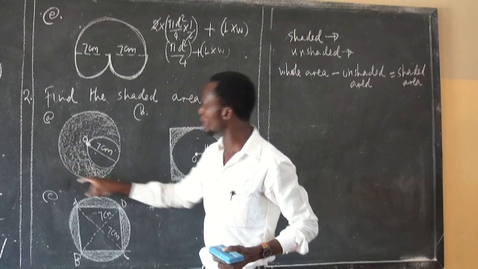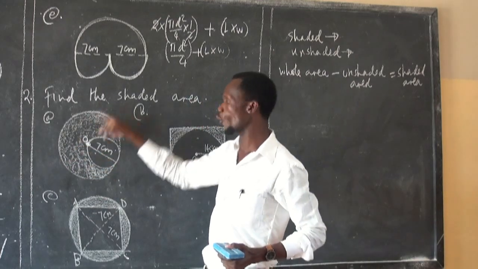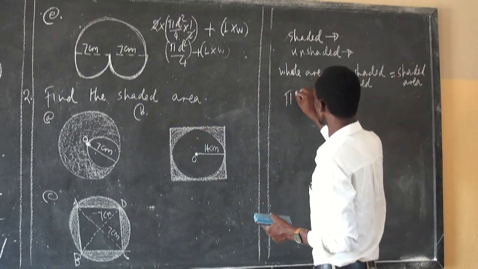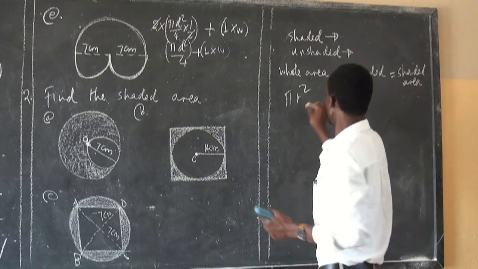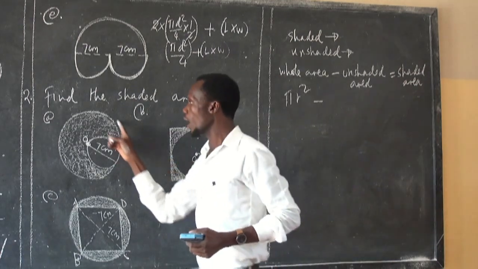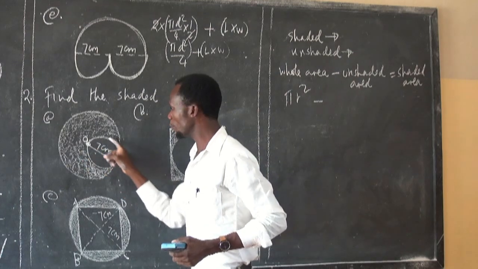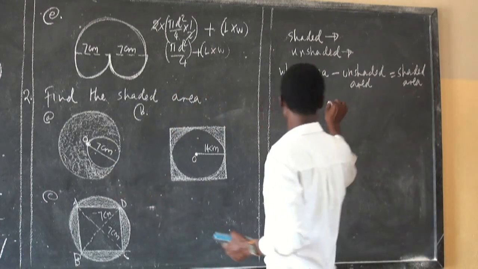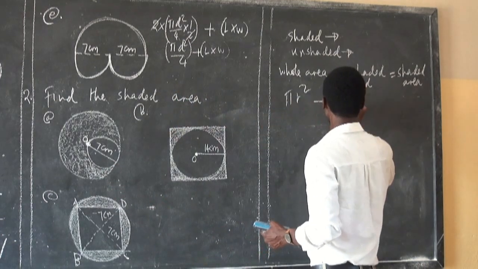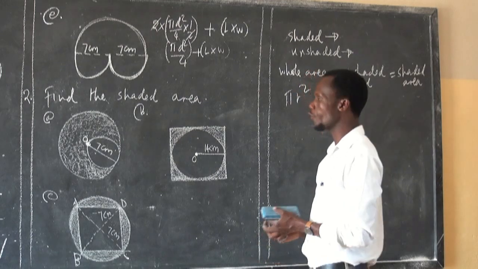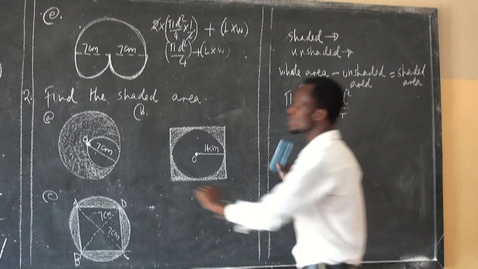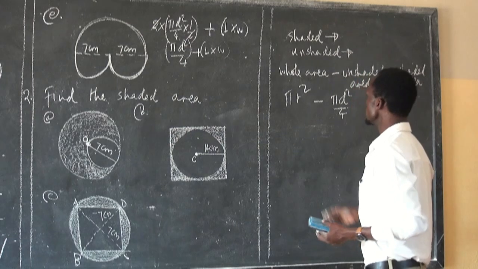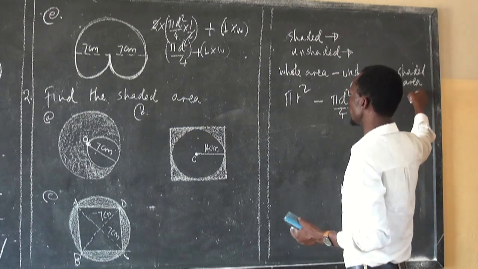The area of the circle with radius is pi r squared, minus the area of the shape which is not shaded, which is pi d squared over 4. Why pi d squared over 4? The reason is simple. This is a circle with diameter. If that is the case, that is equal to the shaded area.